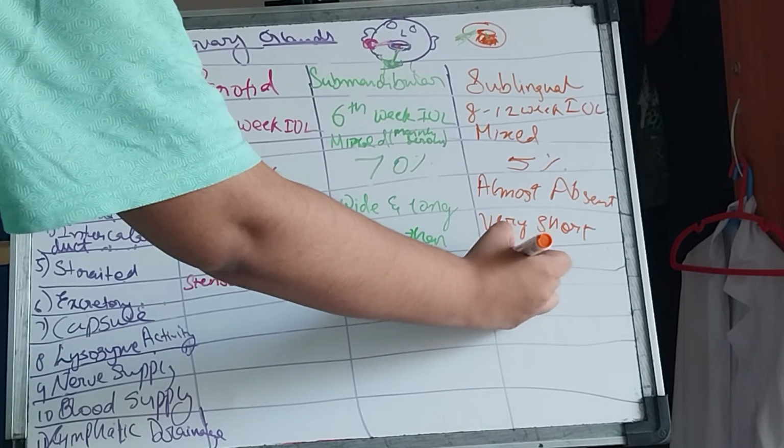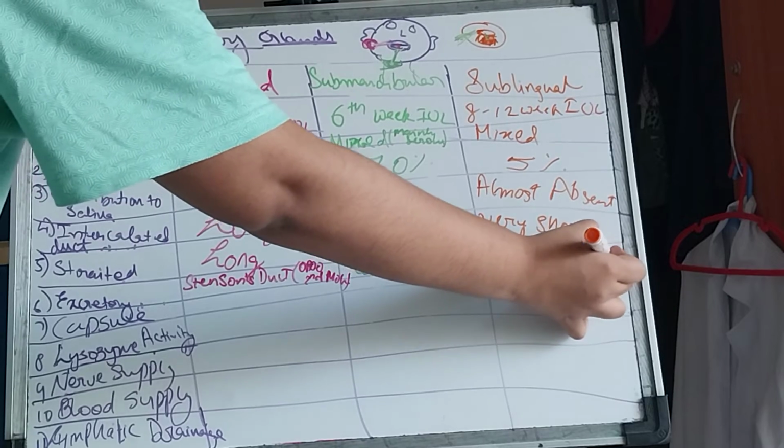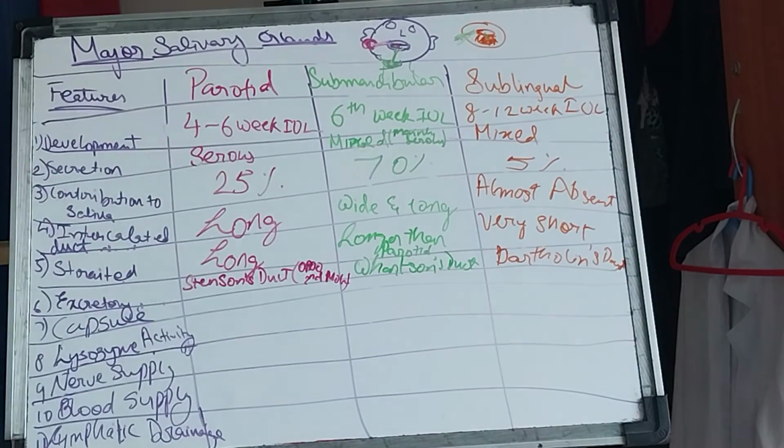I'm just writing Bartholin's duct here. The Bartholin's duct opens near the submandibular duct, and the ducts of Rivinus open independently in the floor of the mouth.